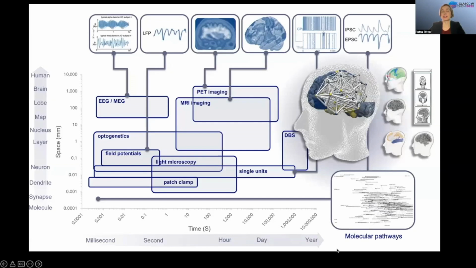And to this end, we use methods to observe the brain structure and function across various scales. For instance, with magnetic resonance imaging, we get information on structural and functional connectivity at the spatial scale of the whole brain.